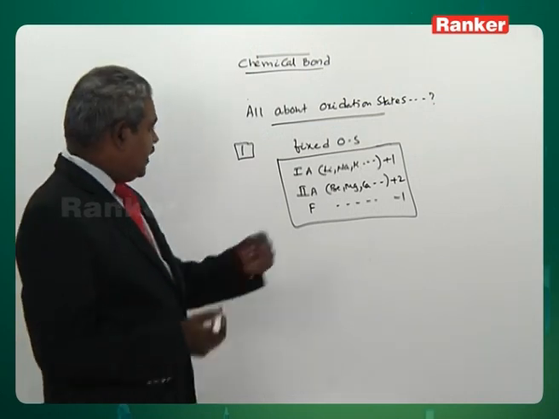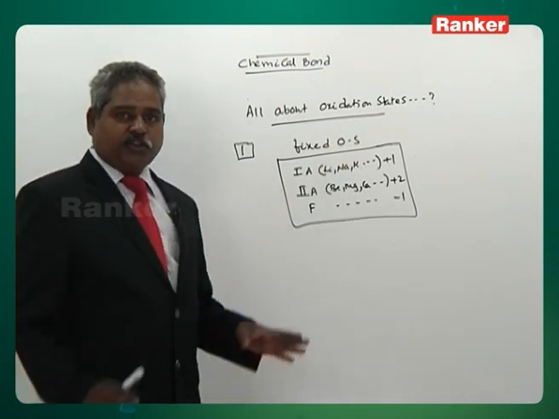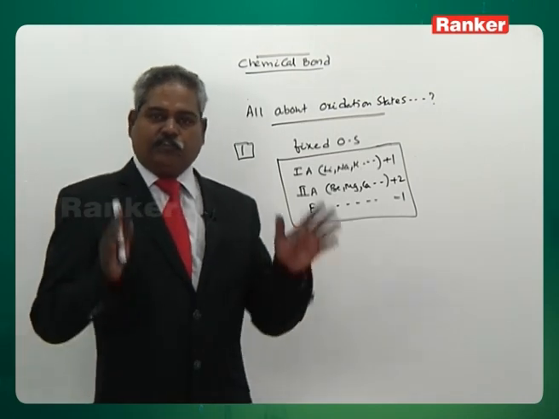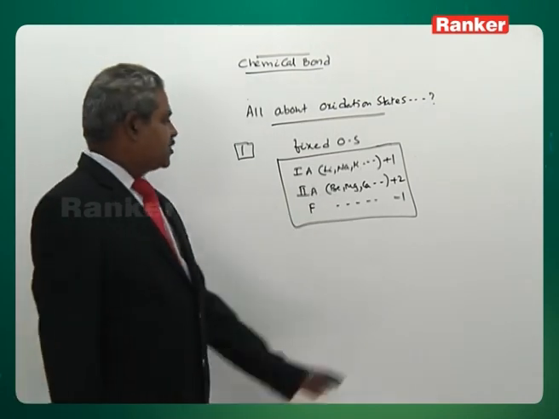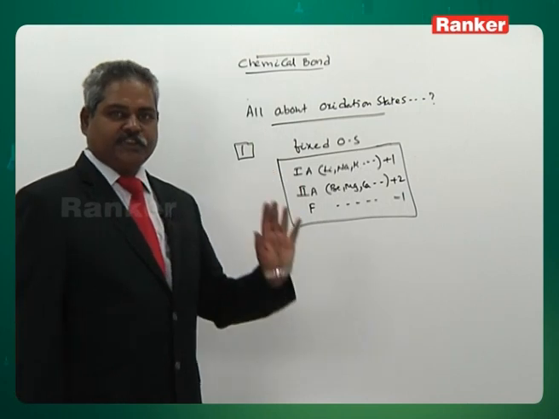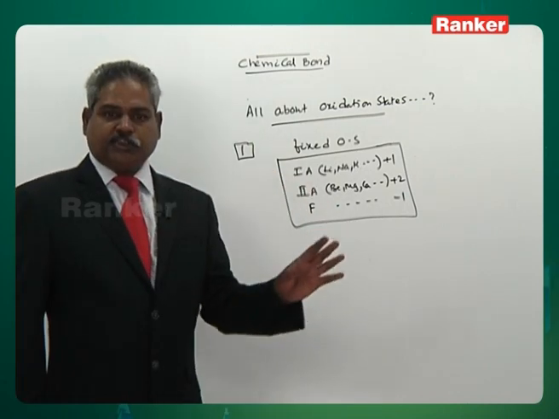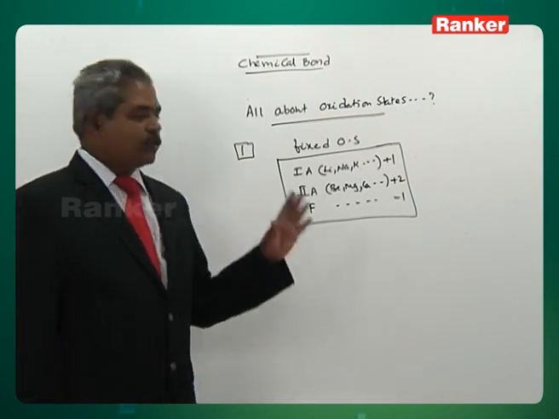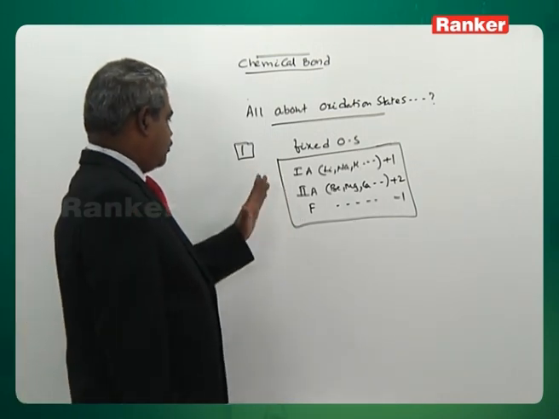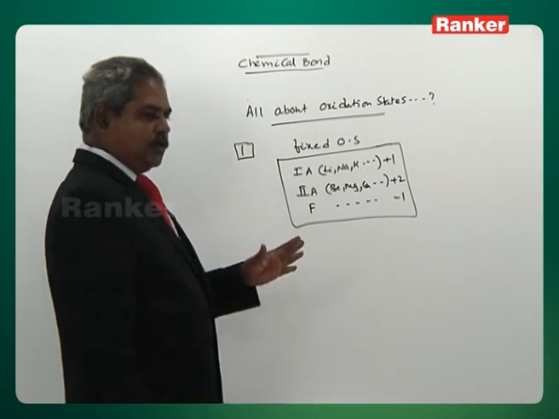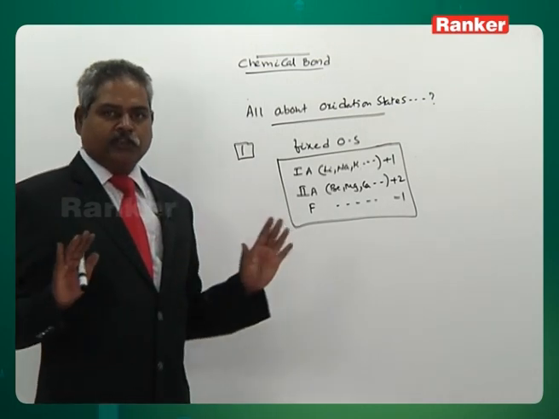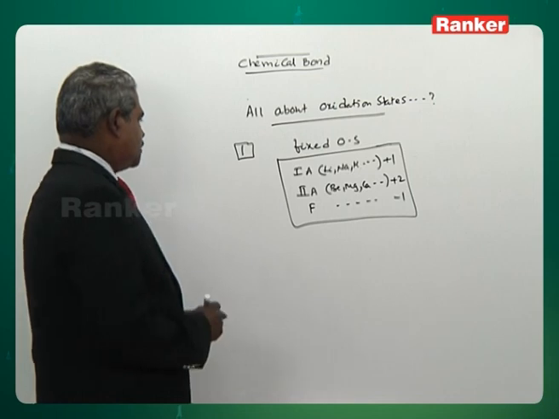But let us not make this list too long. First, realize that certain elements have fixed oxidation states, whereas certain elements don't. It's enough if you know 1A, 2A, fluorine, and a few others. Don't make this list too long, is a warning here. Now, this is the first rule.